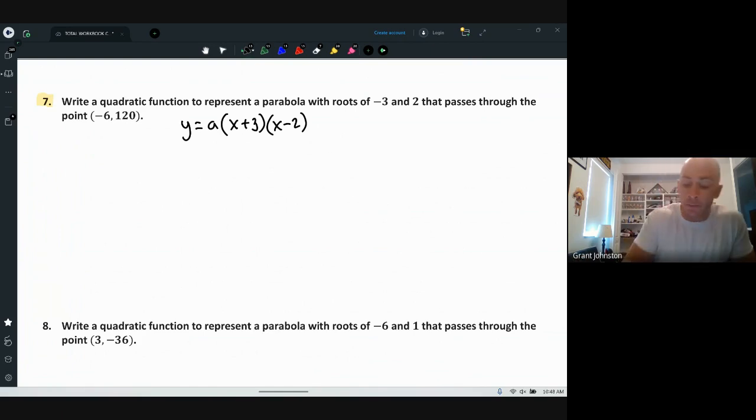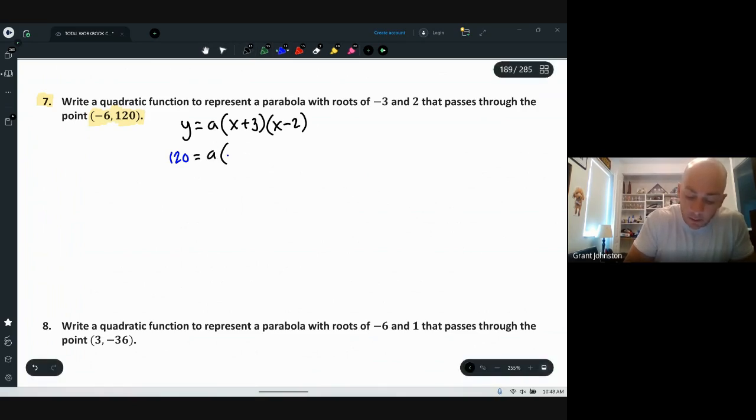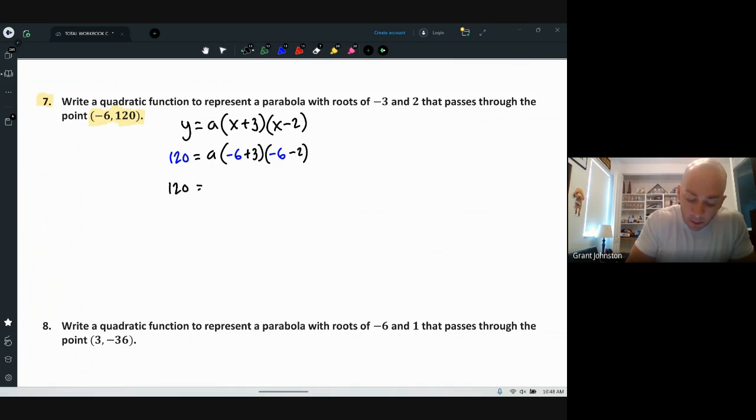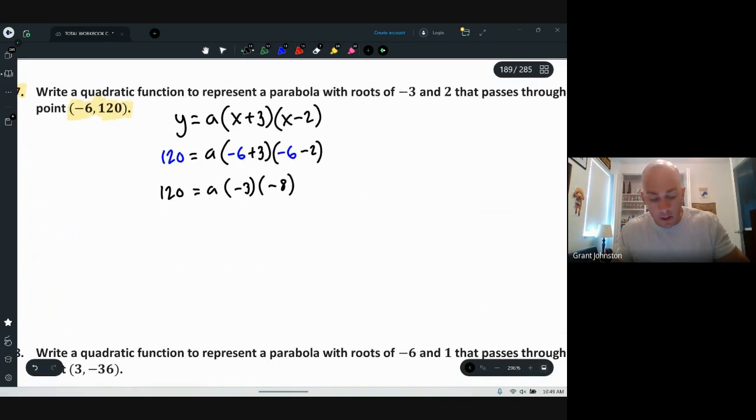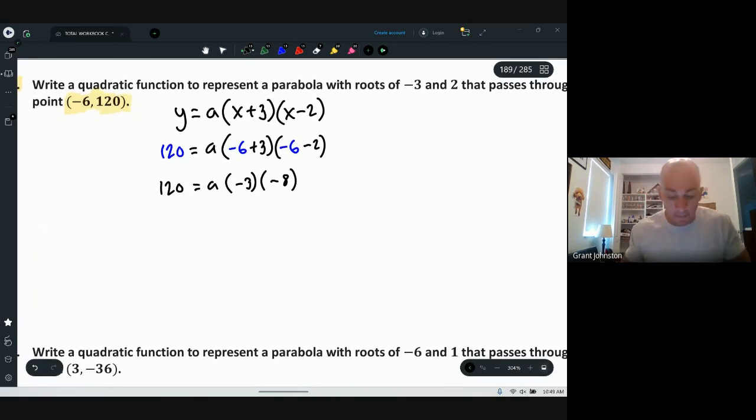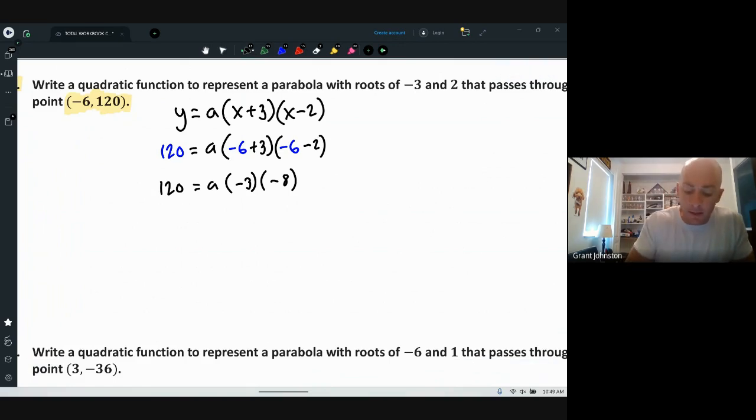Now it gives us a point, right? (-6, 120). So I'm going to put in 120 for y because that's the y coordinate, and I'm going to put in -6 for x. And then I'm going to solve. -6 plus 3 is -3. Sorry if I'm going fast. -3 times -8 is 24.